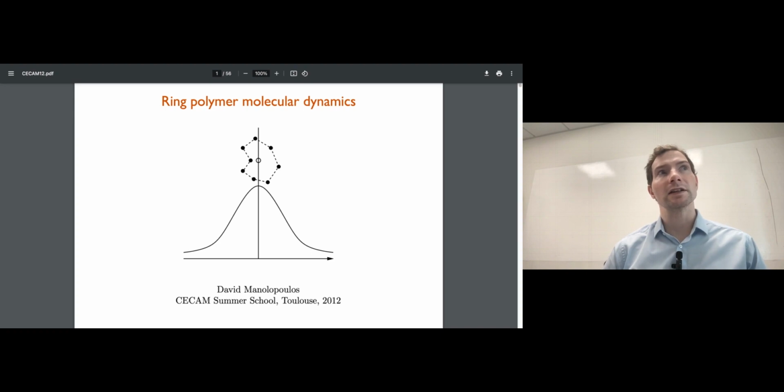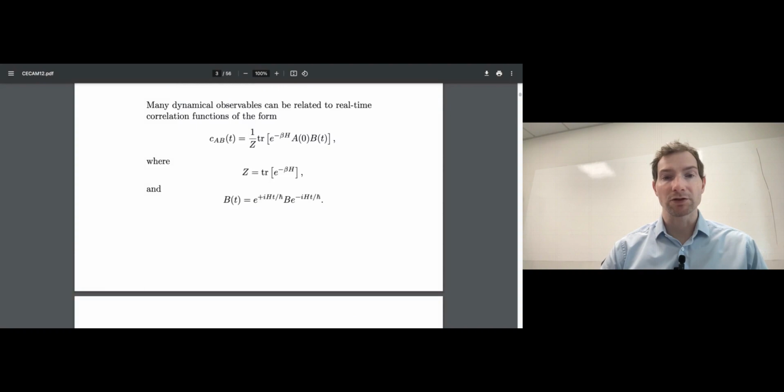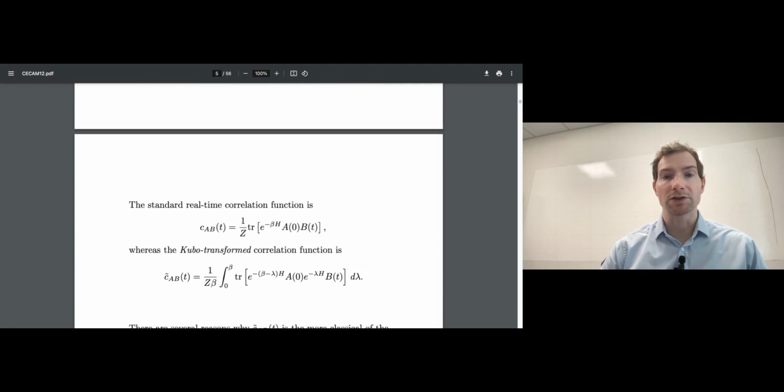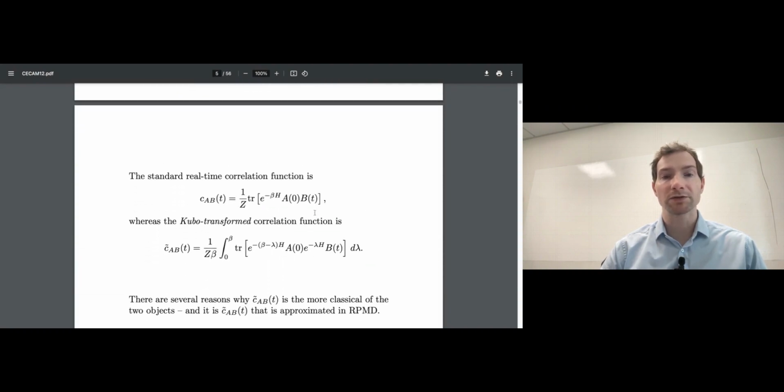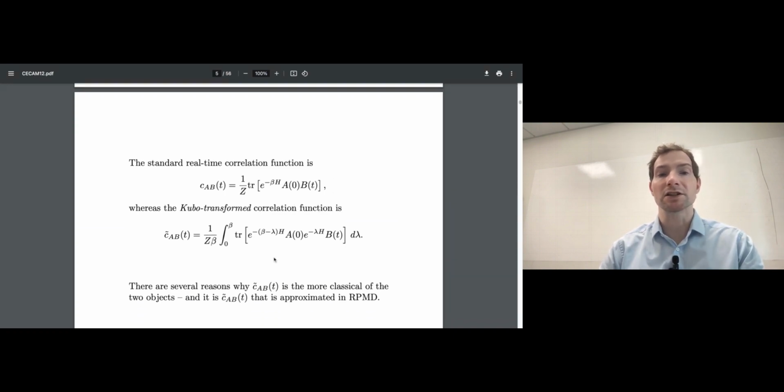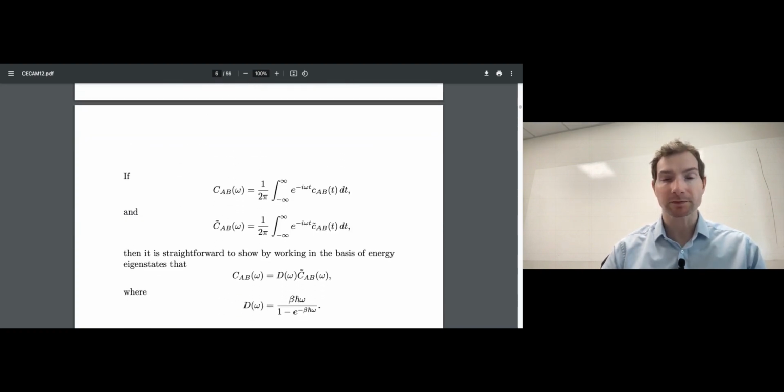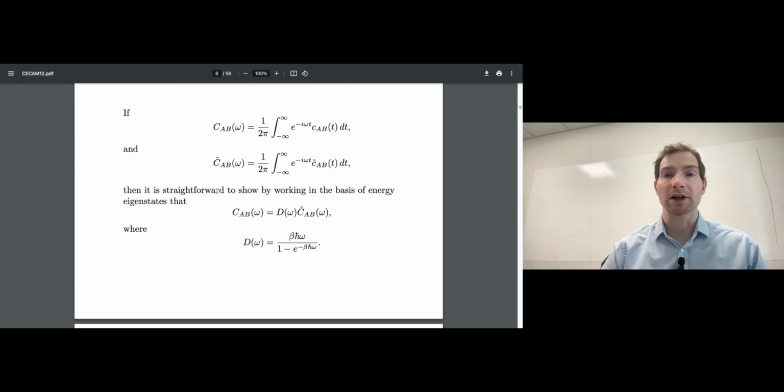Well, it relies on a mapping. Here's a bit of the slides, and you can feel free to look at this. This person here is describing how we usually calculate some of the dynamical properties of objects in a general physical system. And basically, there are plenty of things.